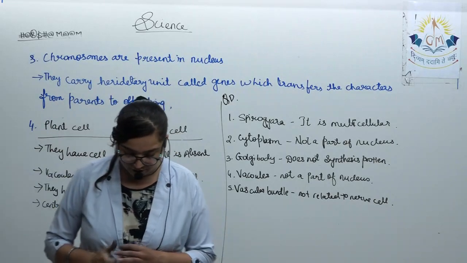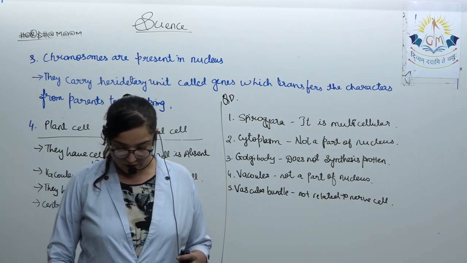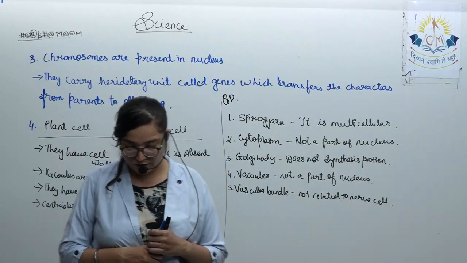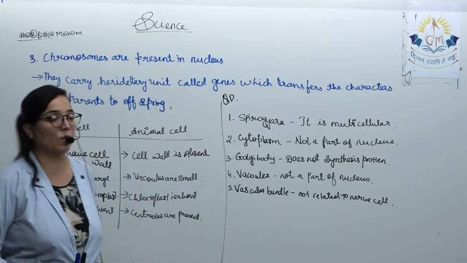Okay, further we have definitions. Five definitions you have: animal cell, nucleus, paramecium, nerve cell, and yeast. First, note down this quickly.